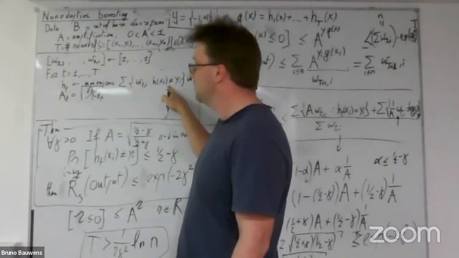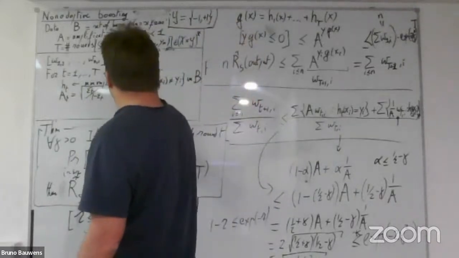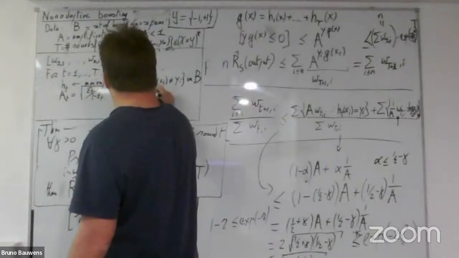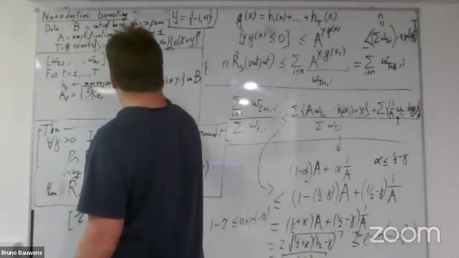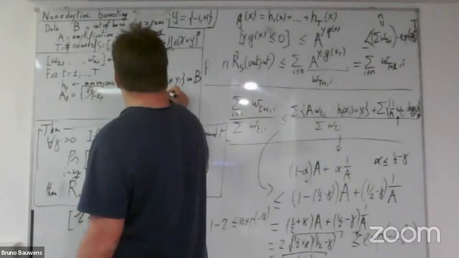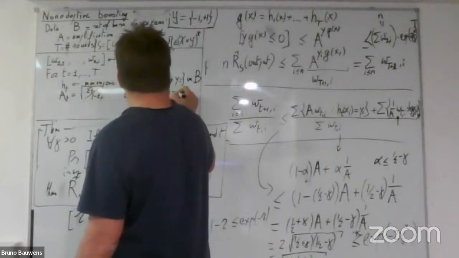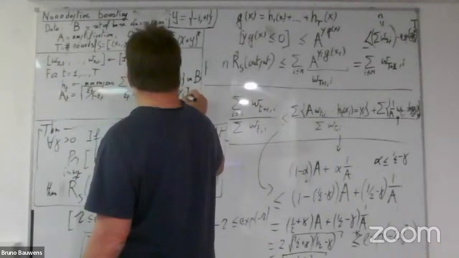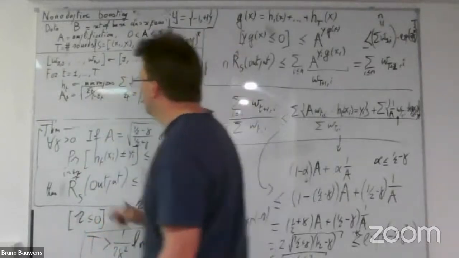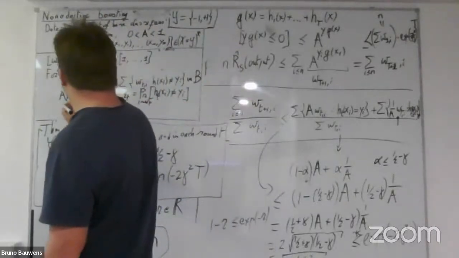It's the error. So epsilon_t is this probability, according to W_t, that h_t of x_i is not equal to y. And then the rest is the same.